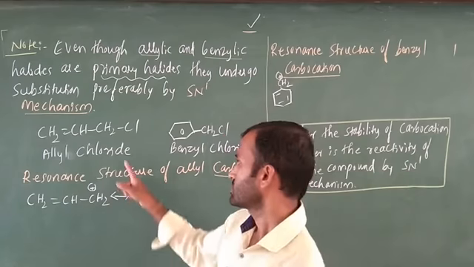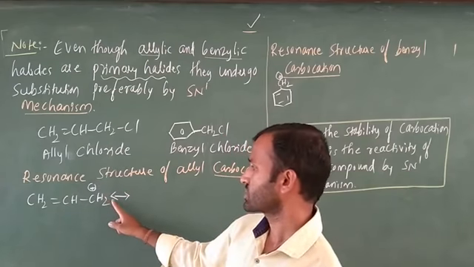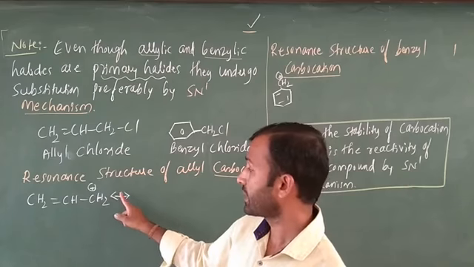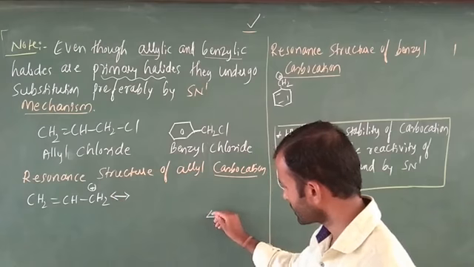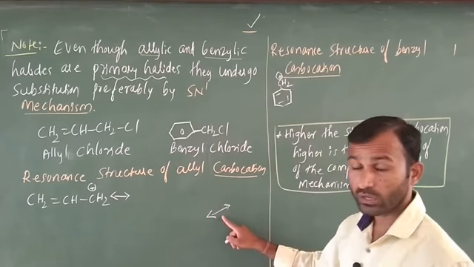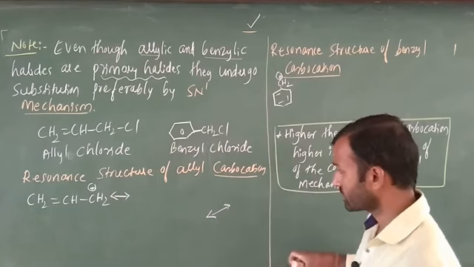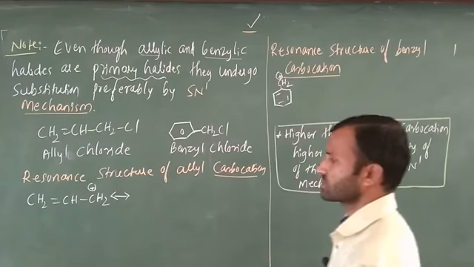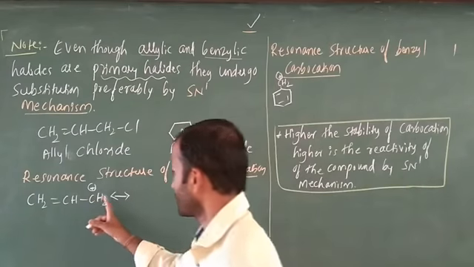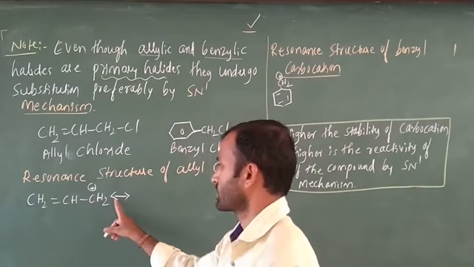First, I am going to write a resonance structure. This double-headed arrow is the resonance arrow, bear in mind. That is why resonance takes place, and I am going to write the next product.